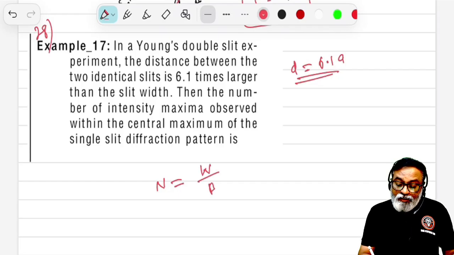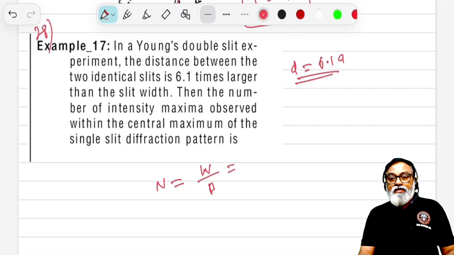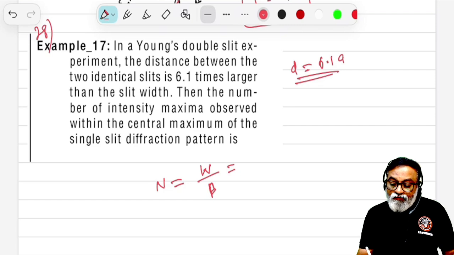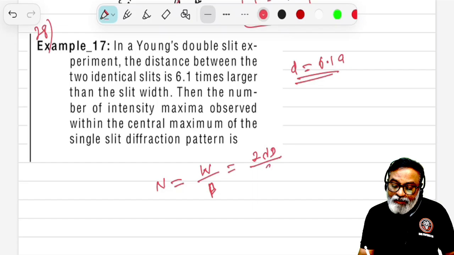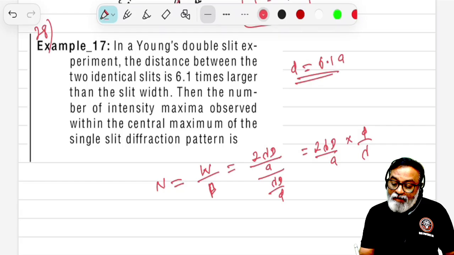W by beta. W is the linear width of the central maximum of the diffraction pattern. Here beta is the fringe width in YDSE. Therefore, W is equal to 2 lambda D by a, but beta is equal to lambda D by d. This becomes 2 lambda D by a divided by lambda D by d.